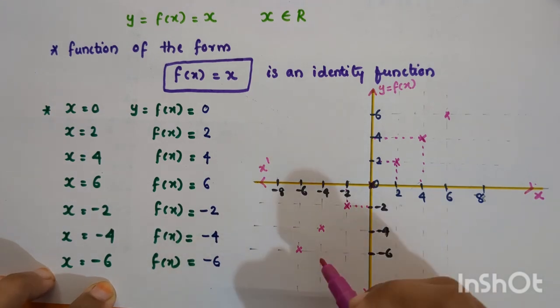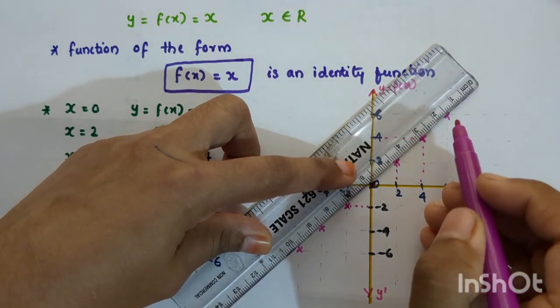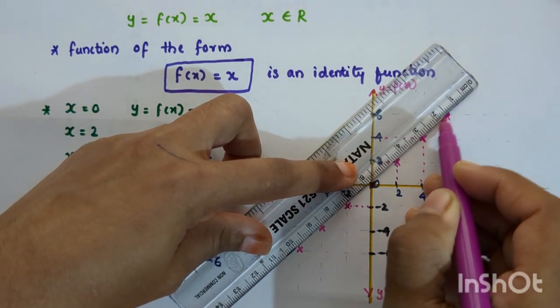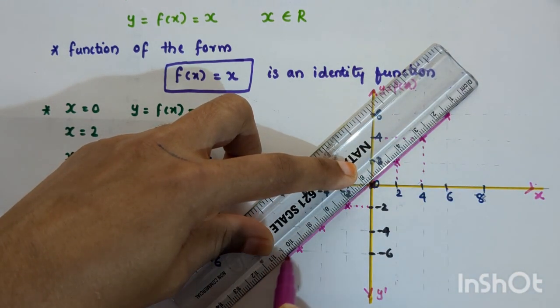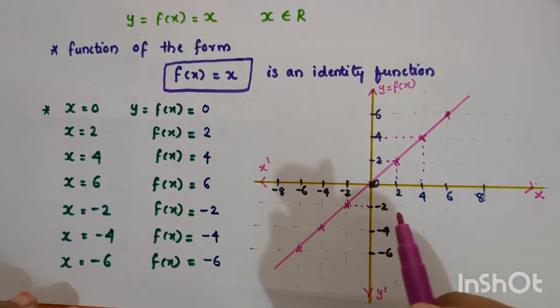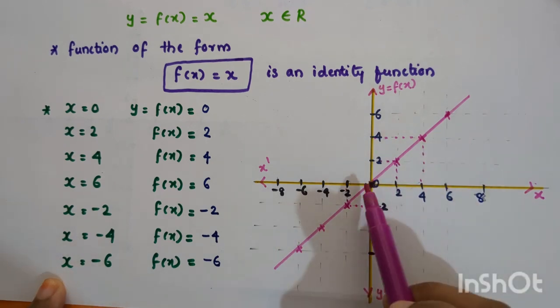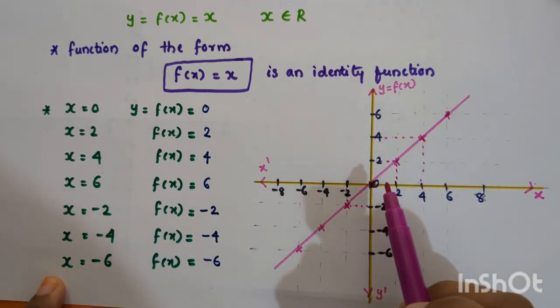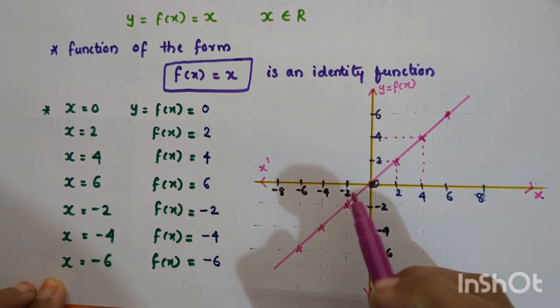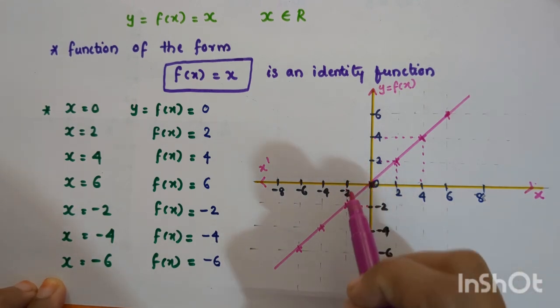Now let us join all these points. When we join all these points, you see, we are actually getting a straight line graph like this. So for an identity function, the graph is a straight line and it passes through the origin. Now you see, for an identity function, the domain and range of this function both are real values.